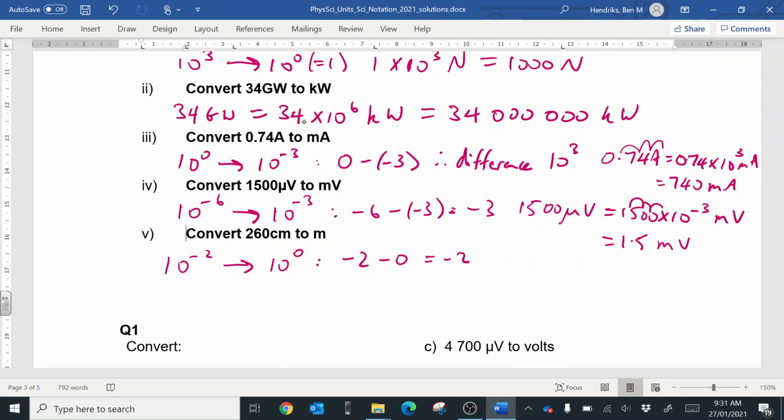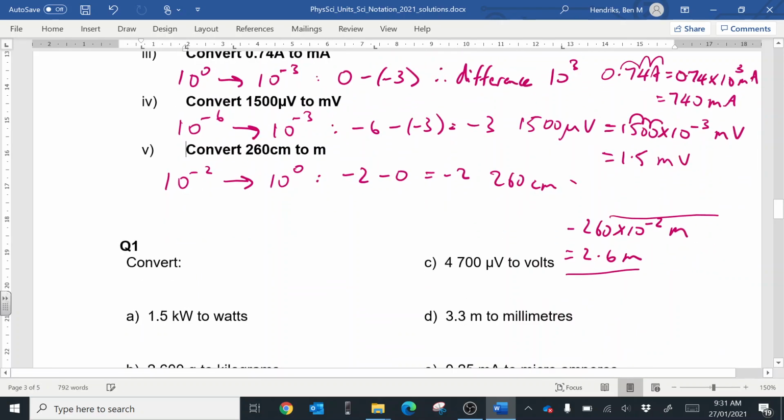So we've got 260 centimeters is equal to 260 times 10 to the negative 2 meters, which is equal to 2.6 meters. Okay, I'll just put an underline there and there as well to show they're different.